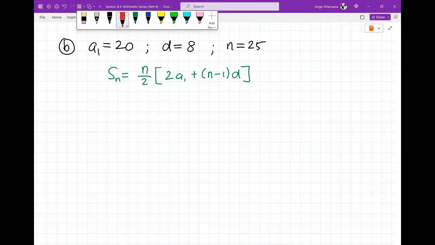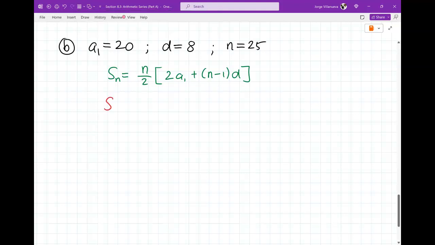So my n value is 25, my D value is 8, my A sub 1 is 20. So I have everything I need. S sub 25 is 25 divided by 2, times 2 times A sub 1, which is 20, plus n, which is 25, minus 1 times D, which is 8.